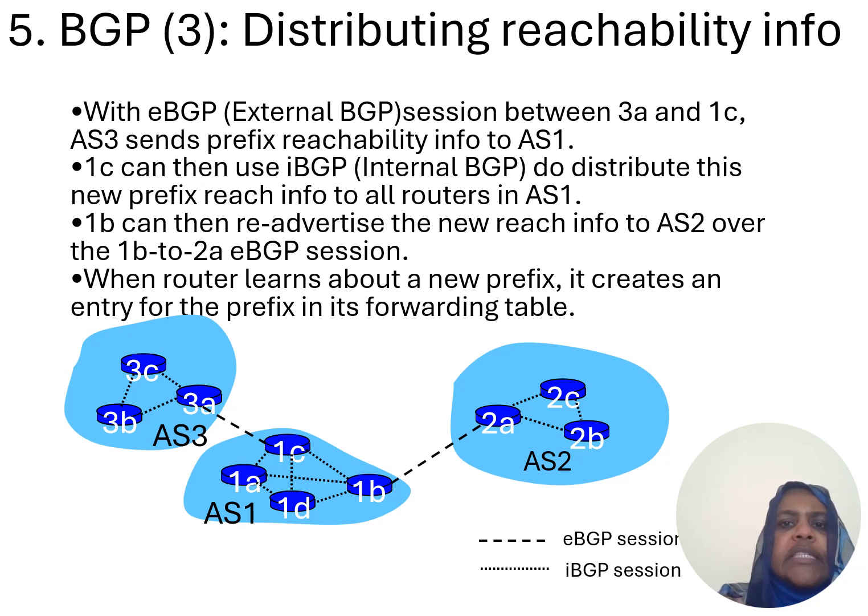With the external BGP session between 3A and 1C, AS3 sends prefix reachability information to AS1. 1C can use internal BGP to distribute this new prefix reachability information to all routers in AS1. 1B can re-advertise this reachability into AS2 over the 1B to 2A external BGP session. When routers learn about the new prefix, they create an entry for the prefix in their forwarding table.